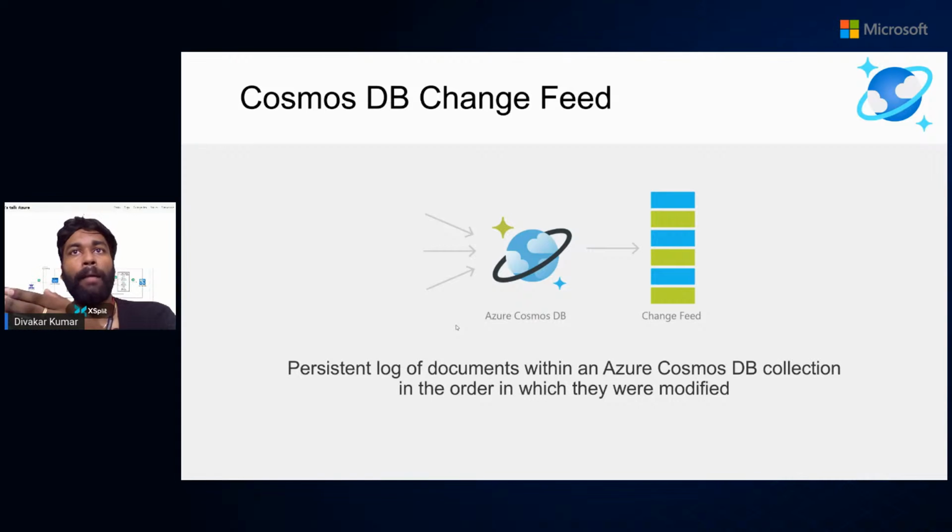Internally, the records for a particular partition key are stored in different physical servers, which makes it easier to query a particular document when you point to that partition key. So make sure you choose the partition key wisely when it comes to ordered delivery, because the change feed works with this partition key only, and you will get the events in order only if you choose the right partition key.